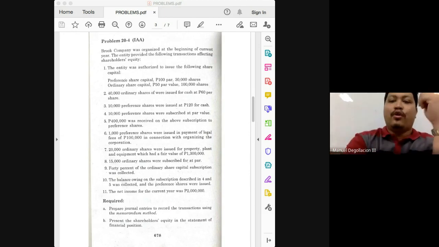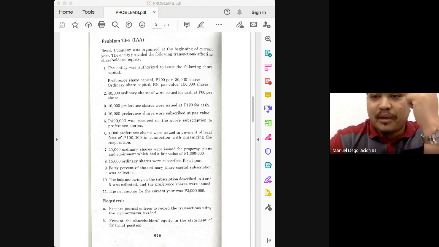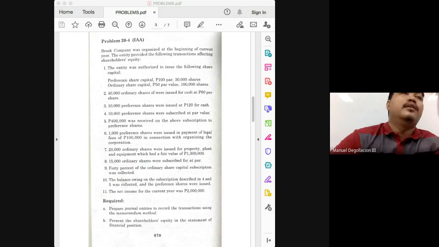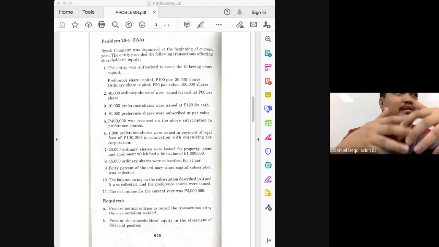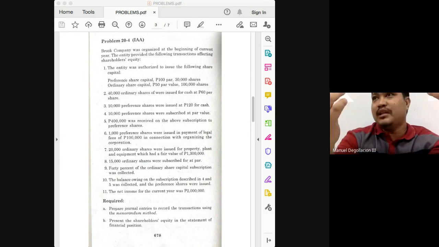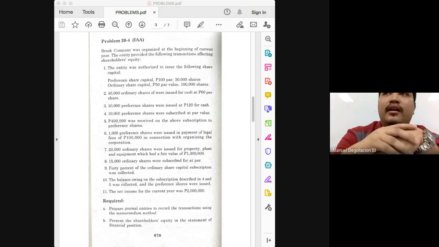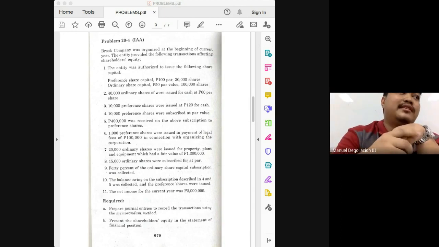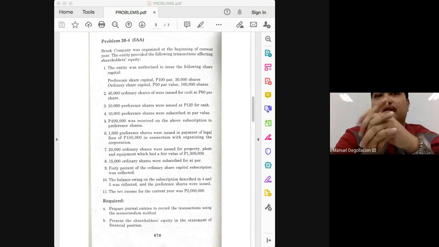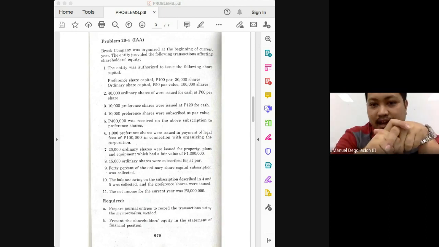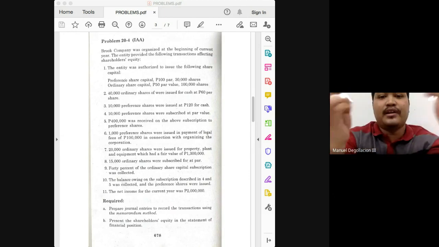Moving on to number 4, 10,000 preference shares were subscribed at par value. Okay, so here, there's even no mention of payment. What is being mentioned here is only of subscriptions. So this will result in subscriptions receivable and subscribe share capital, subscribe preference shares.